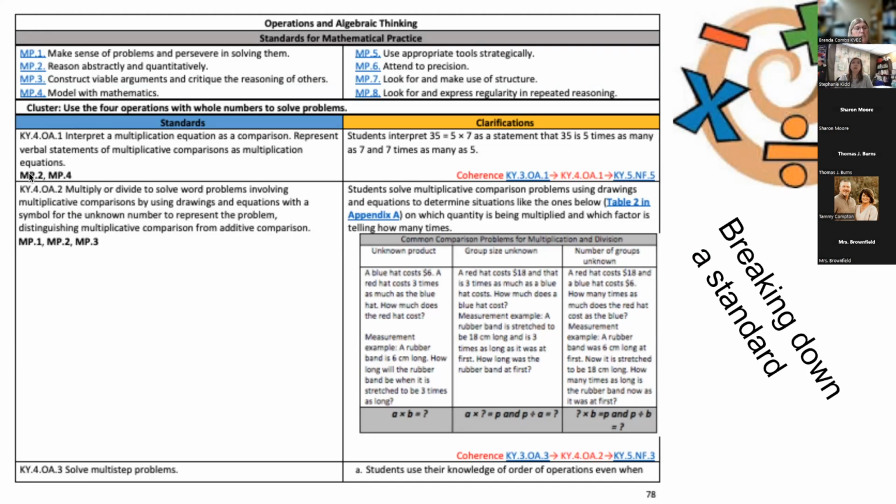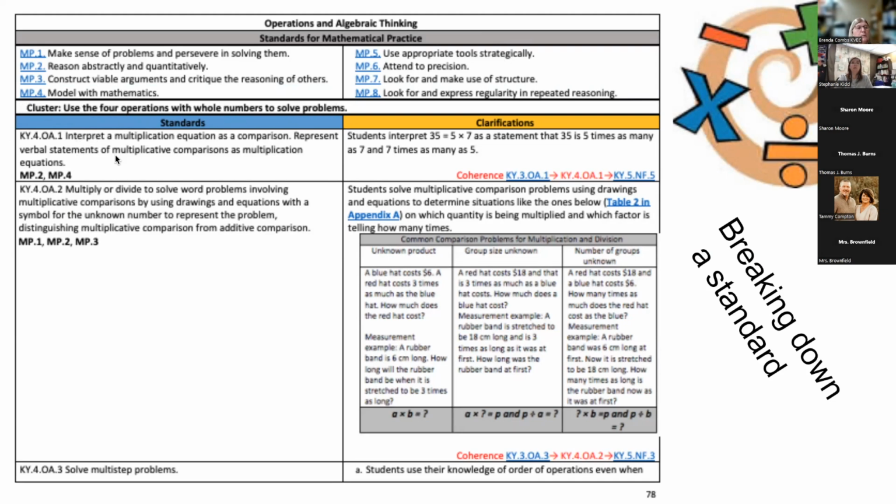So this says I want to be using math practice 2 and math practice 4. This is the Kentucky one, right? So this is Kentucky 4th grade, operations and algebraic thinking, standard 1. This is standard 2. We're under the cluster here.